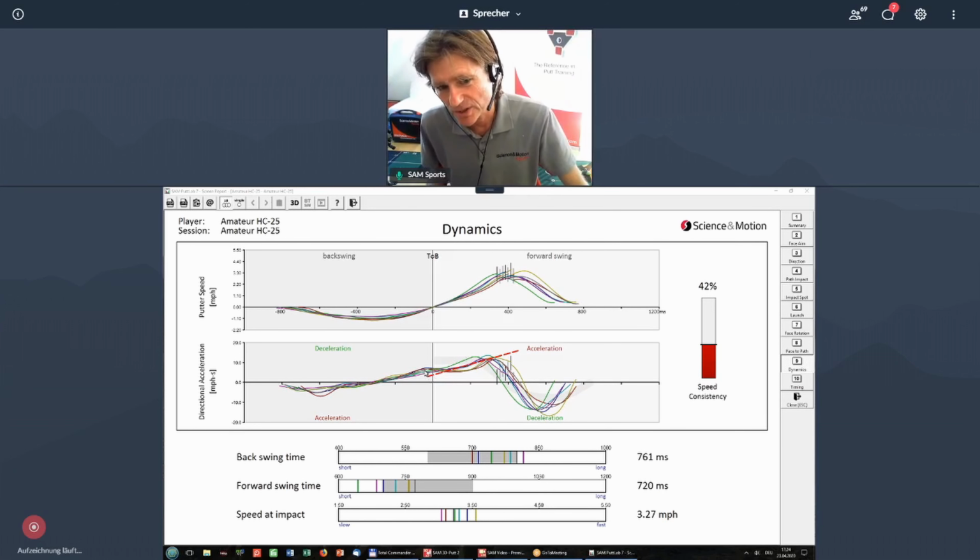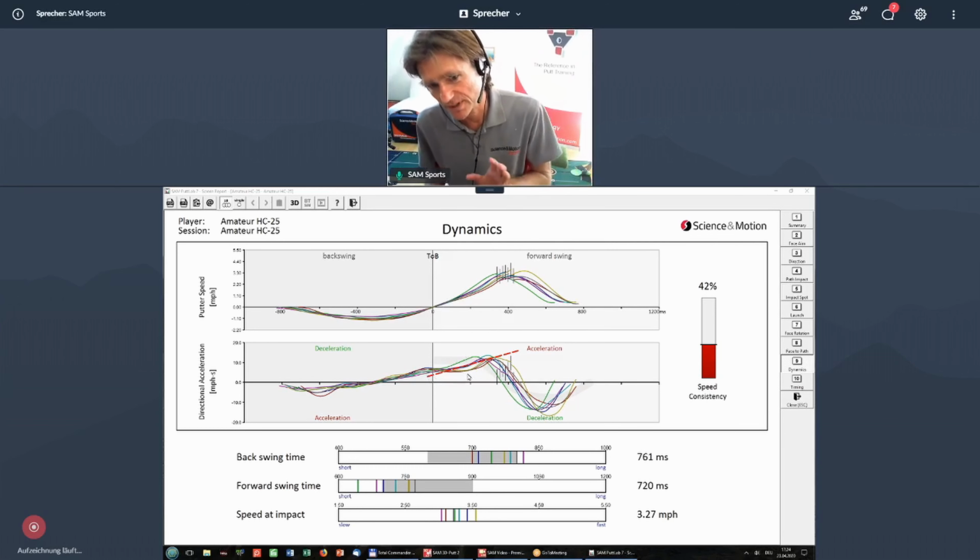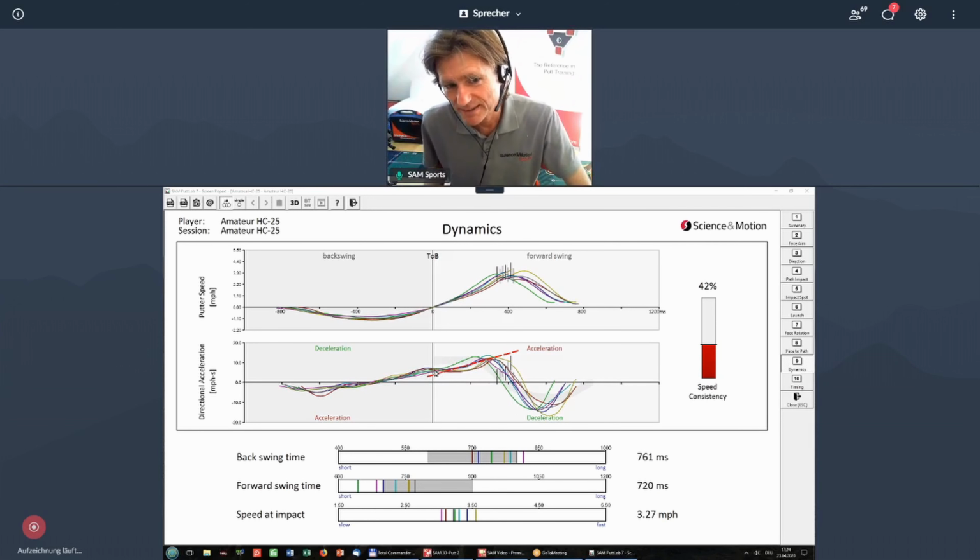So deceleration in the backswing, which is force into the direction to the left, and acceleration in the forward swing, which is also force to the left, can then directly be connected at top of backswing, which at first glance looks a little bit weird.